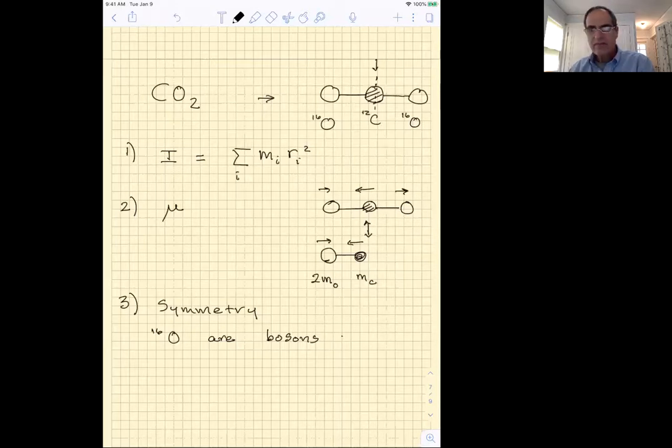Now, let's look at that more closely. The wave function for the molecule can be thought of as the product of three different terms. One term describes the electronic state, the state of all the electrons in the molecule, particularly the valence electrons. The next is the vibrational state, and the third is the rotational state.